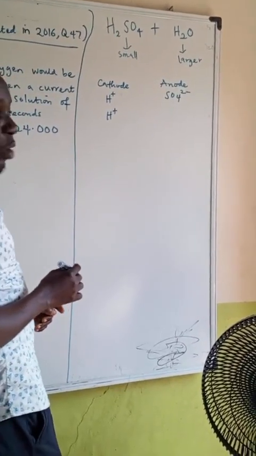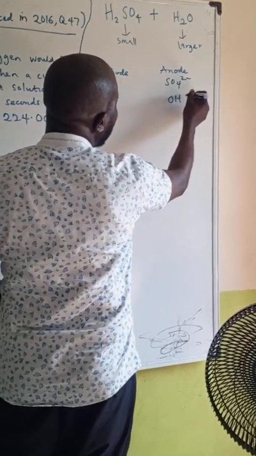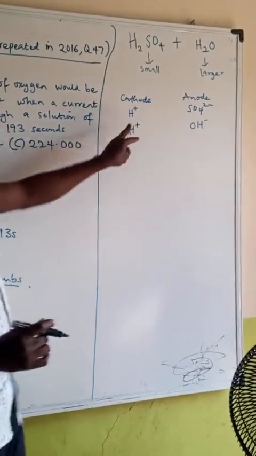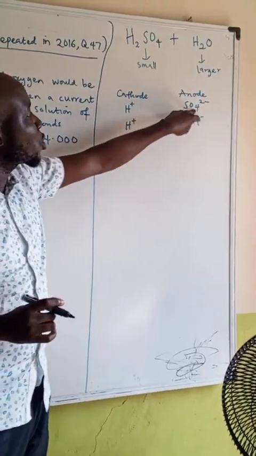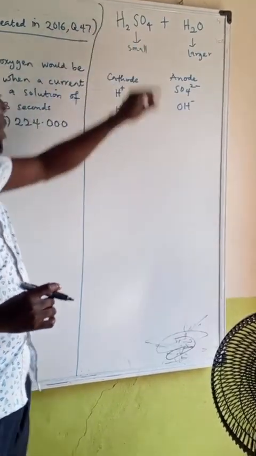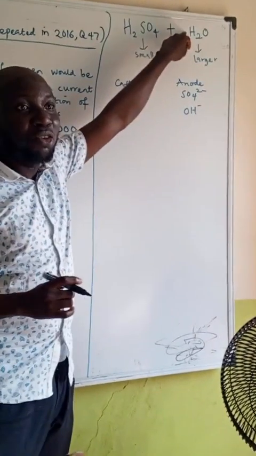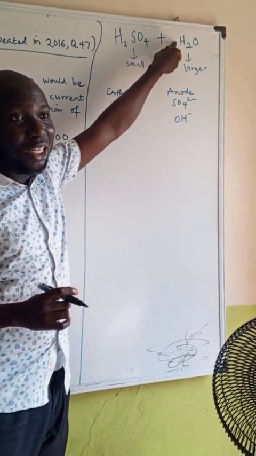Are you getting it now? The combination of hydrogen ion and sulfate radical is what gives us tetraoxosulphate(VI) acid. The combination of hydrogen ion and hydroxyl ion is what gives us what? Water. Are you getting it now?